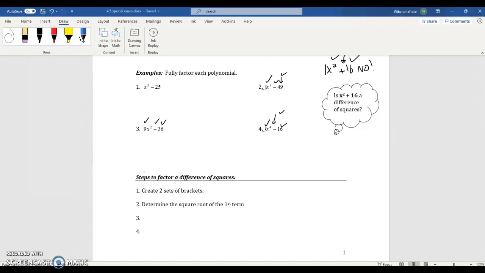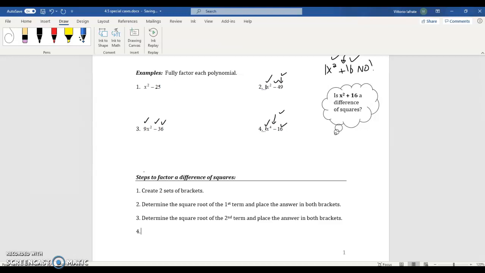You'll determine the square root of the first term and place the answer in both bracket sets. You'll then determine the square root of the second term, so for example, the negative 25 or the 25, and you're going to place the answer in both brackets as well.